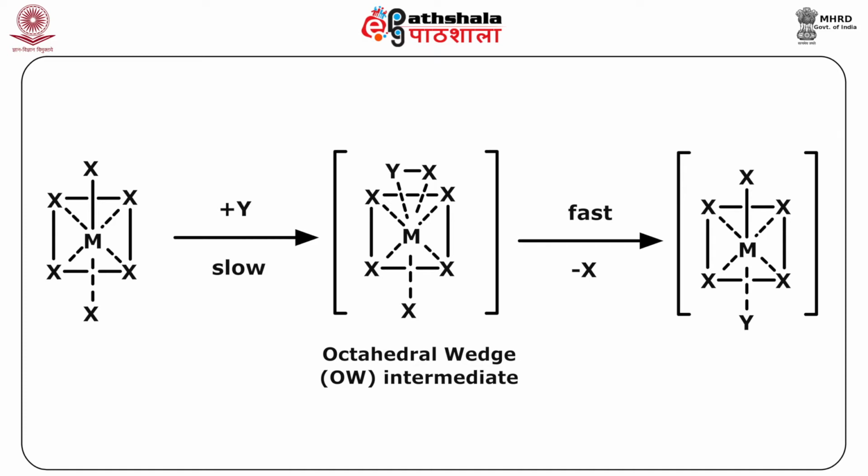Now we can have another possibility of intermediate, in which nucleophile Y attacks through the middle of one of the trigonal faces. You can see in the scheme. So nucleophile Y attacks through the middle of one of the trigonal faces of the octahedron, forming an octahedral wedge intermediate, in which both the attacking group Y and the leaving group X are present in equivalent positions as given in the scheme.